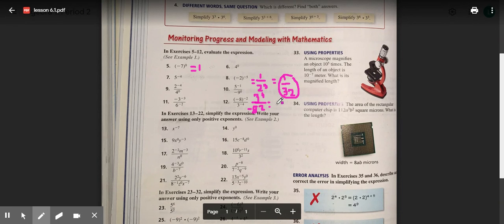Negative 8 times negative 8 gives us a positive 64. And 3 to the positive 4th power is 3 times 3 times 3 times 3, and that gives us 81.